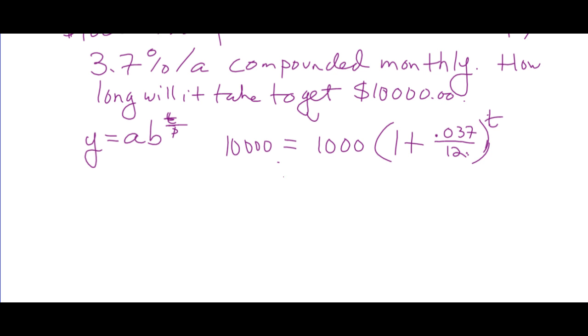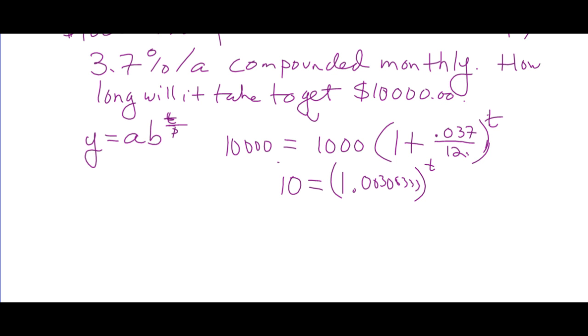Okay, so 10,000 divided by 1,000 is 10. 1 plus, so what's 0.037 divided by 12? 0.03083. So you're just going to leave that number in your calculator, right? You're not going to write that out to the t.